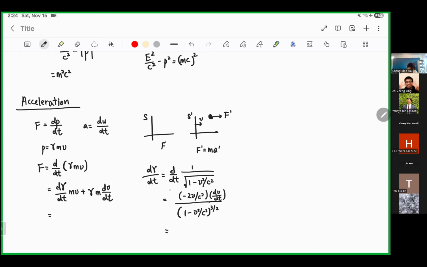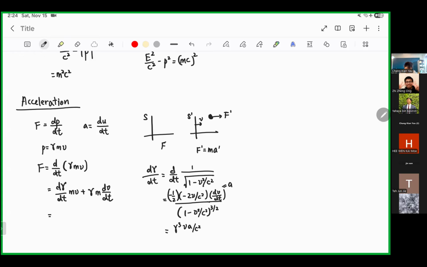Sorry, wait. There should be this thing here. So this becomes a. And then you have gamma cubed.